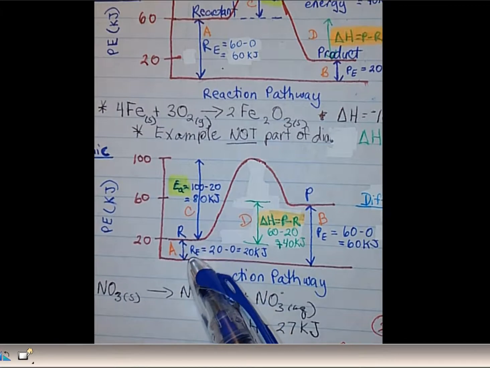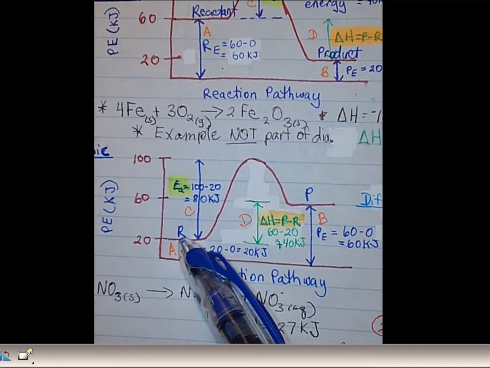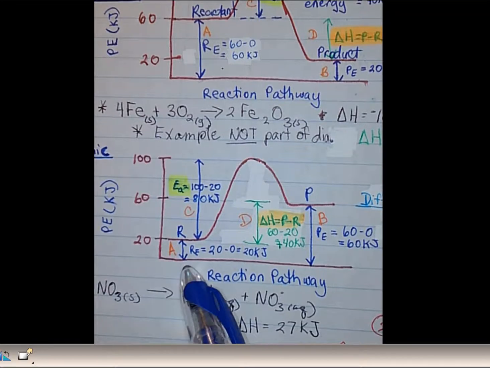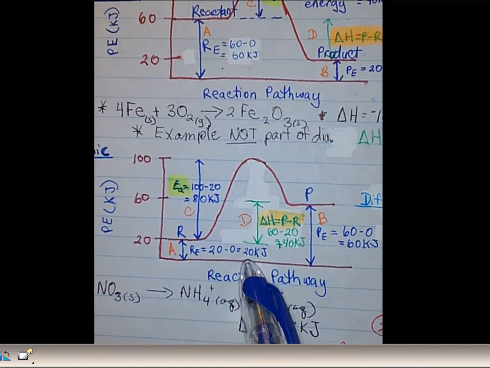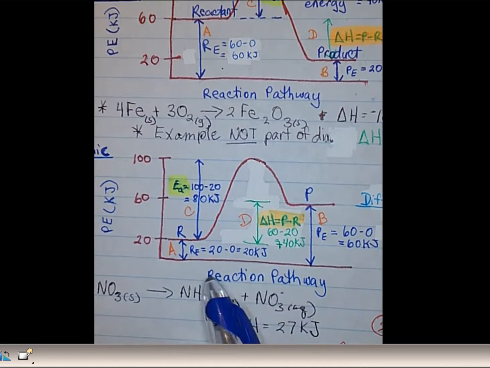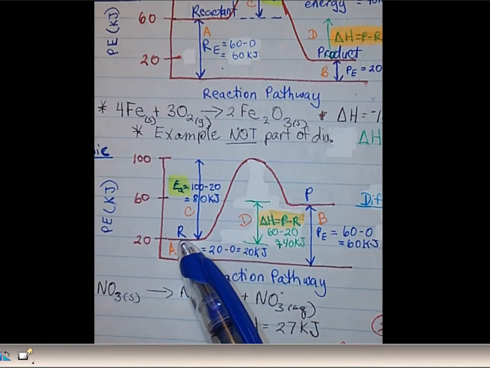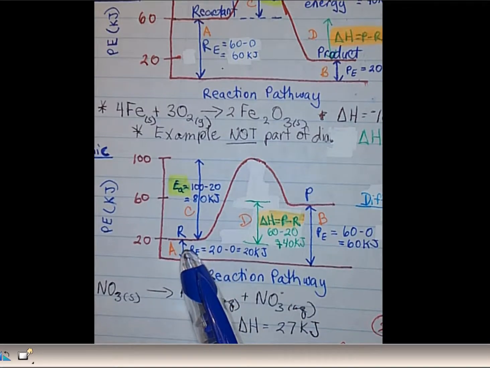So once again, we're going to do the energy of reactants, and it's where the energy of the reactants starts off. In this case, it is low, so it's 20, going all the way to the x-axis, which is 0. So 20 minus 0 would give you 20 kilojoules. This is to say that in order for this reaction to go through, your reactants need to at least have 20 kilojoules of energy.